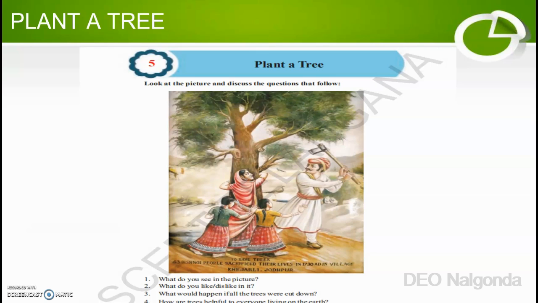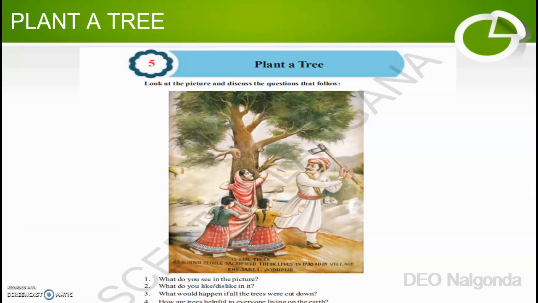The inspiring story of Khejarli, located in Jodhpur in Rajasthan, and this story is caused by the cutting down of trees by the kingdom of Marwar. The Khejarli massacre was an event which happened in September 1713, in which 363 Bishnois were killed while trying to peacefully protect a grove of Khejri trees.